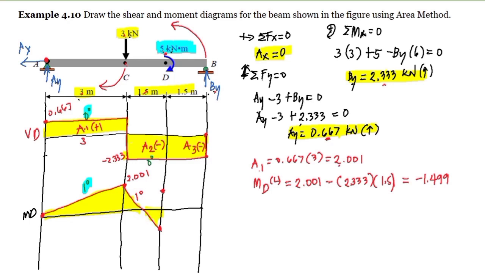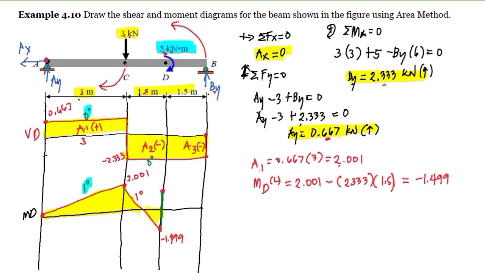So, ang magnitude natin dito is negative 1.499. Okay? Then, for this, since meron tayong clockwise moment na 5, ibig sabihin po ay iaakyat niya yung ating moment diagram. Vertical to ha.